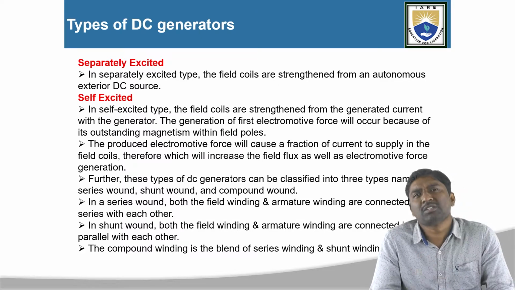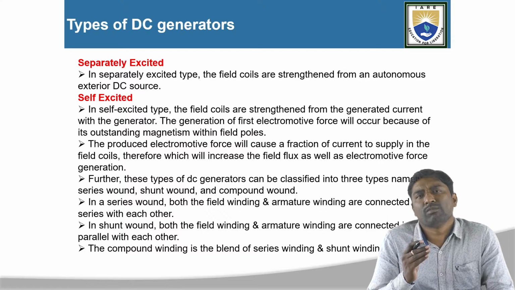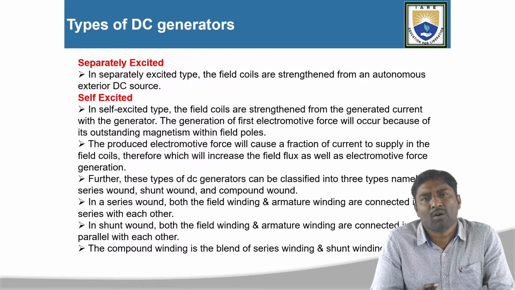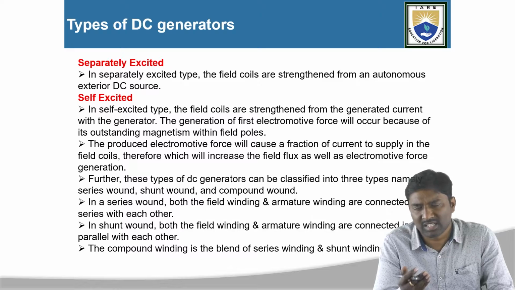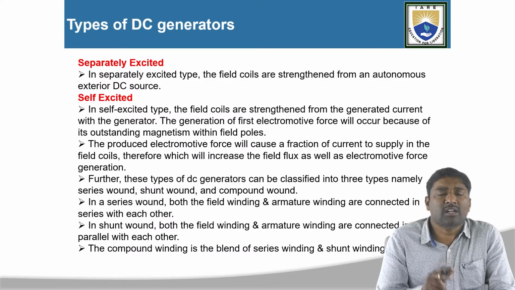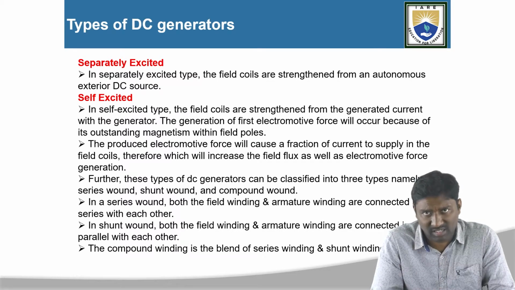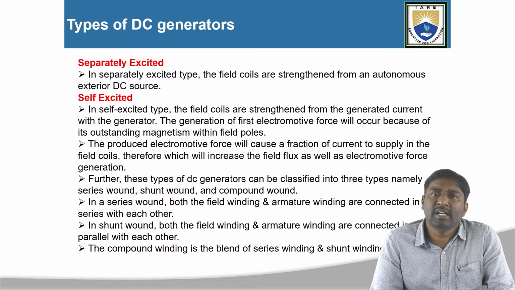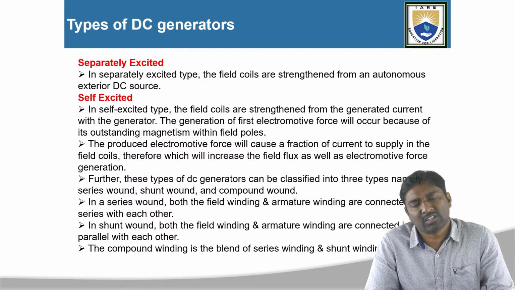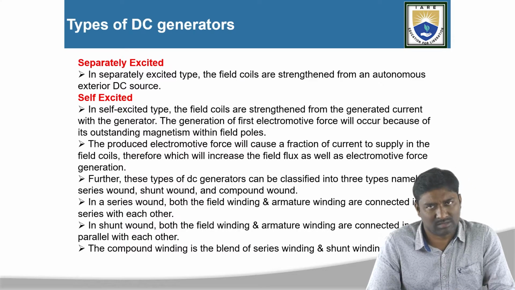Now coming to the series generator. In a DC generator, we have the armature winding as well as the field winding. In the DC series generator, the armature winding and the field winding are connected in series. That's why that type of generator is called a DC series generator.